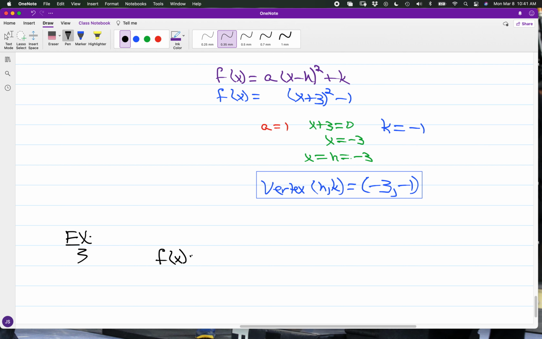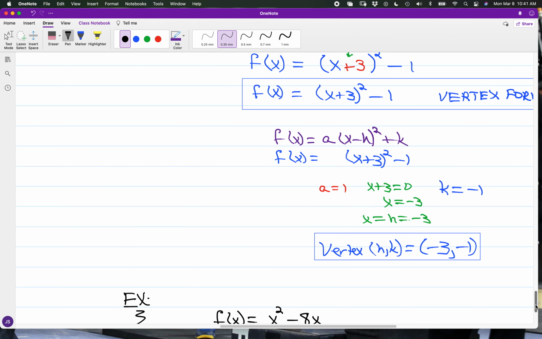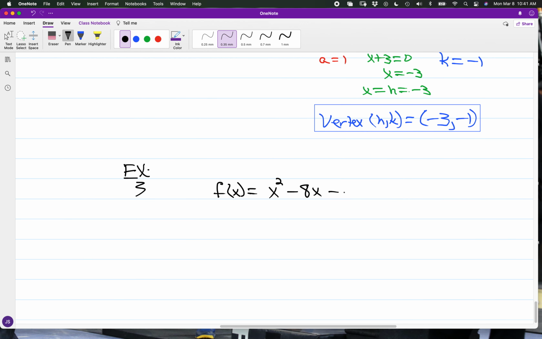We have f of x is equal to x squared minus 8x minus 20. This would be a case of a standard form.